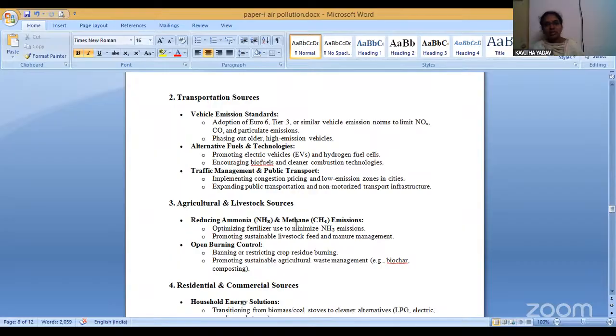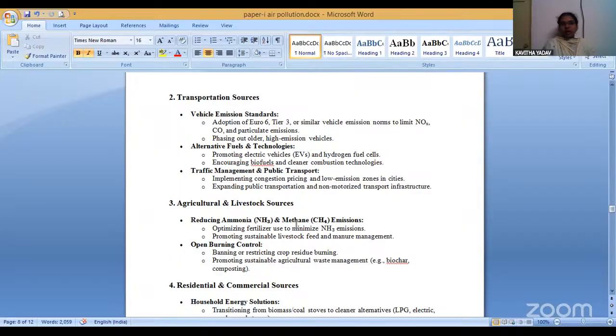The next one is alternative fuels and technologies. What does alternative fuel mean here? At the research level, we discussed one thing: carbon dioxide can be converted into fuel. That is the new hope for alternative fuels, promoting electric vehicles, e-vehicles, and hydrogen fuel cells.